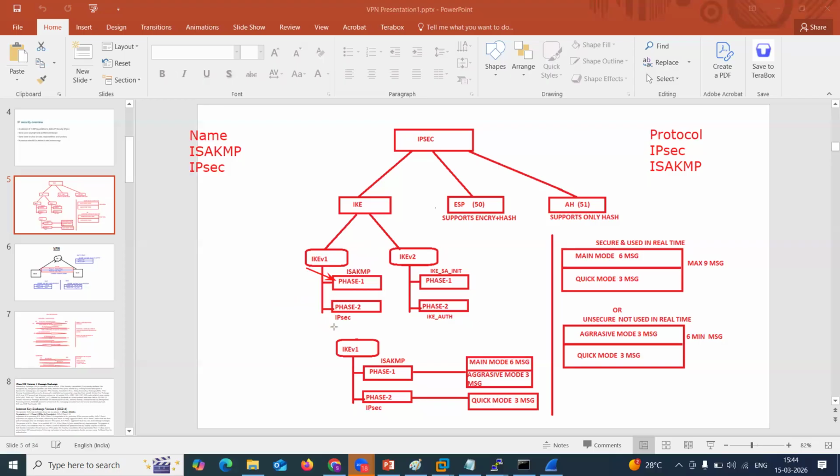Now, if I ask you, hey, which protocol is used to carry phase 1 and phase 2 information, messages? Then your answer should be protocol. Which protocol? ISAKMP protocol. So you can't relate that the ISAKMP name should have ISAKMP protocol only, and IPsec name should have IPsec protocol only.